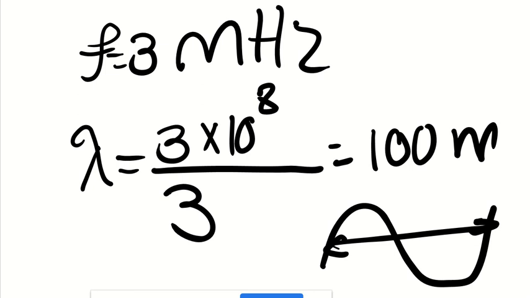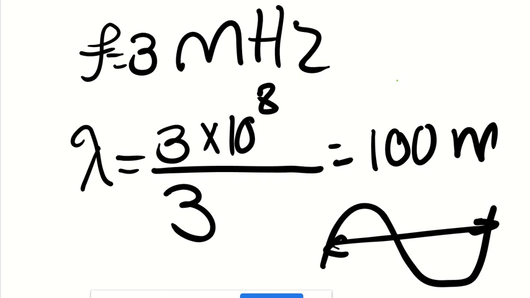Now, as I said, the rule of thumb is that the length of the transmission line should be bigger than or equal to 0.1 times that. So that will give me 10 meter. This is 100 meter.